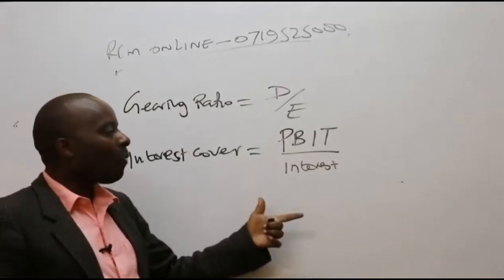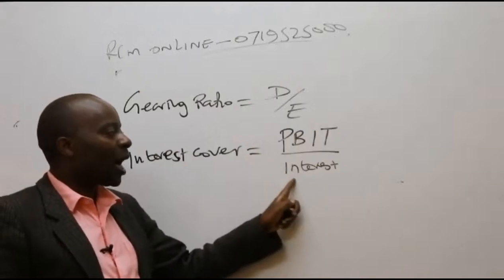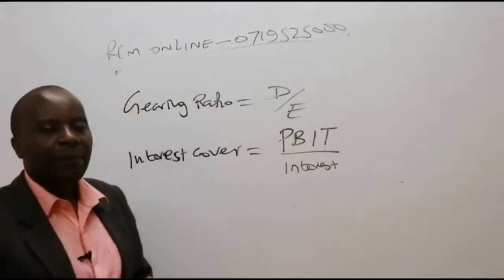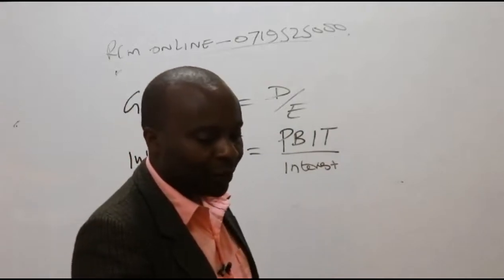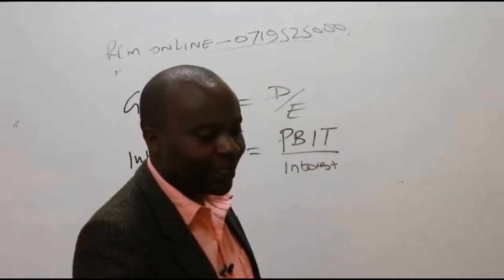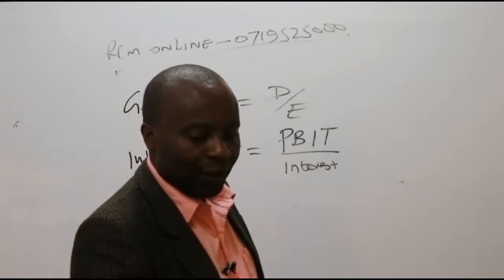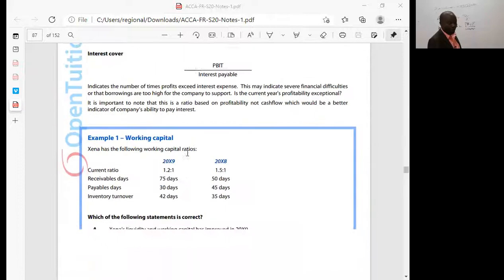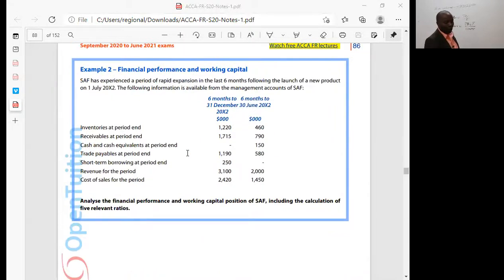The more times the profit is able to cover the interest, the better the performance. But if the interest is more than the operating profit, then that is a highly geared organization. You are not running to anywhere. Or rather, you could be running fine, but in the wrong direction.